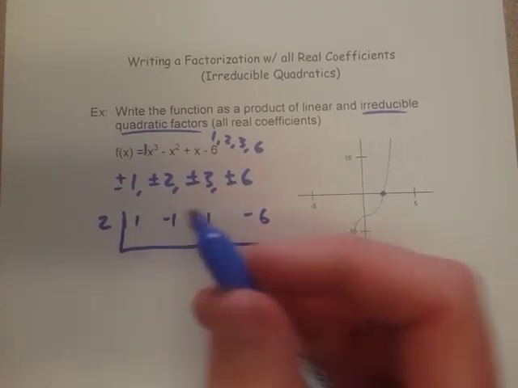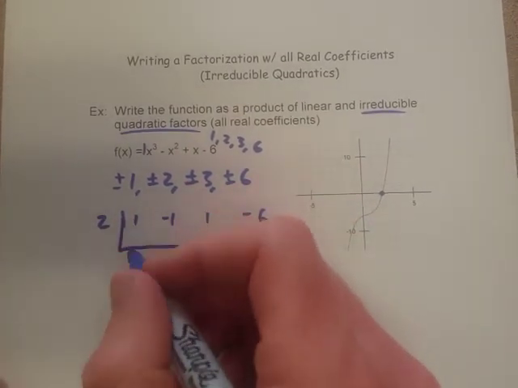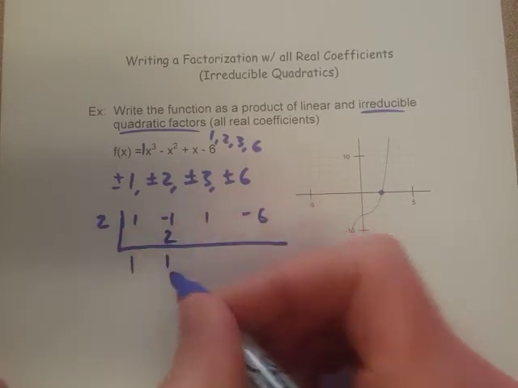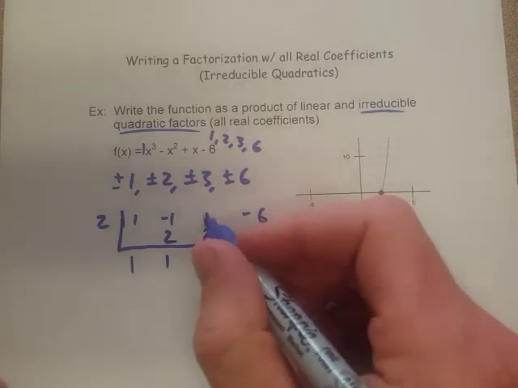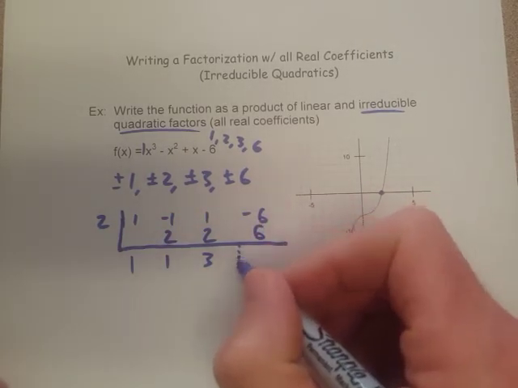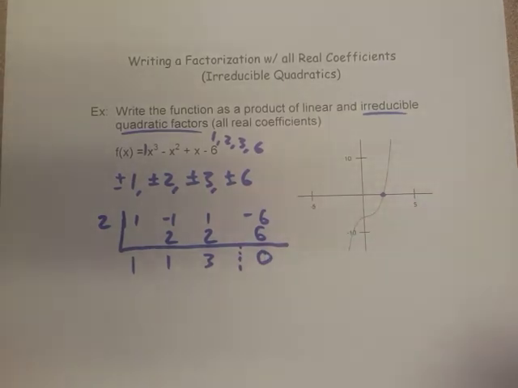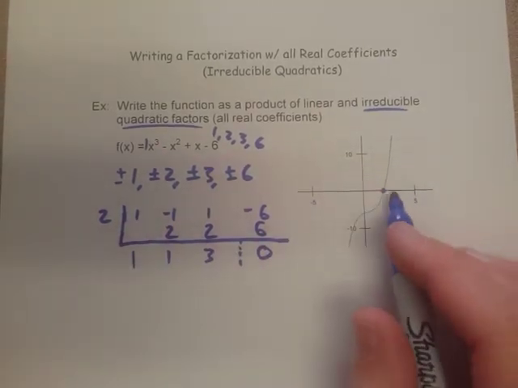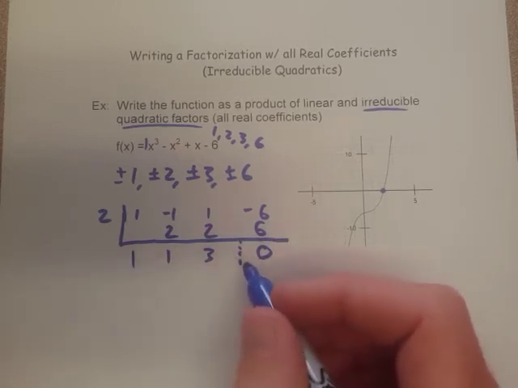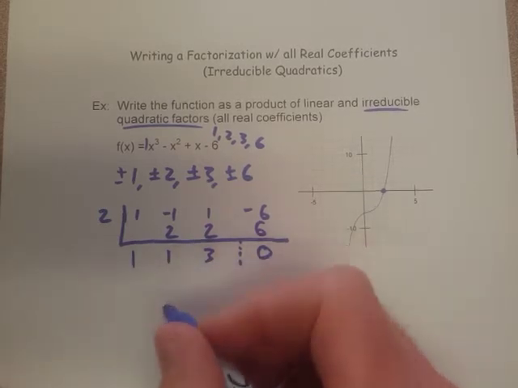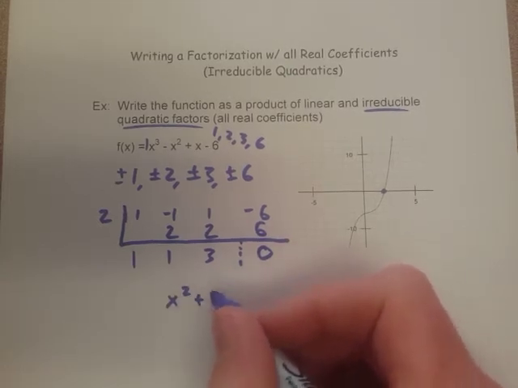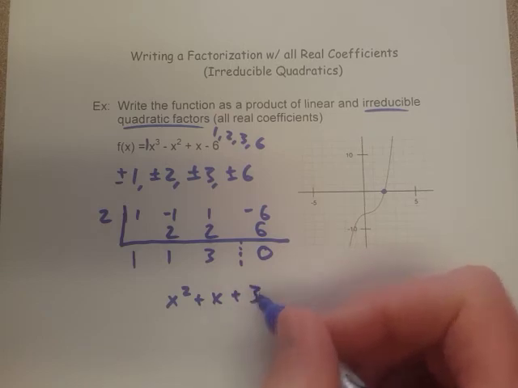And then we go through our process of normal synthetic division, bring the 1 down, multiply by 2, add those together, multiply by 2, add them together, multiply by 2, and like we're hoping to see at the end, there's a 0, which means that this actually is a factor. We can pull that out, and we're left with 1, 1, 3, which remember is not the answer, but it represents the polynomial x squared plus x plus 3.